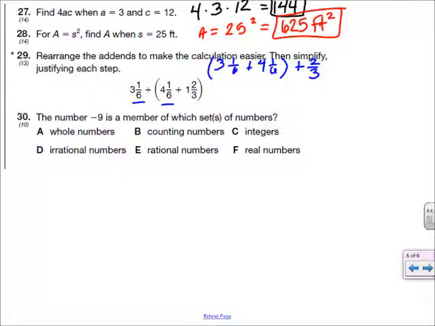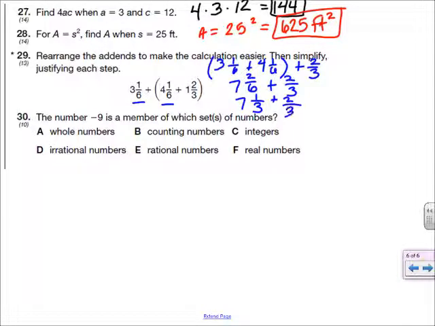So 3 plus 4 is 7, and 1/6 plus 1/6 makes 2/6. But then 2 and 6 have a common factor of 2, so if I divide 2 by 2, I get 1, and if I divide 6 by 2, I get 3. So 2/6 is the same thing as 1/3.